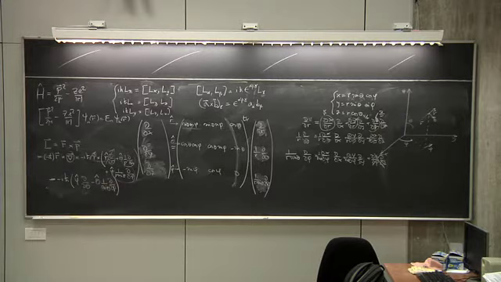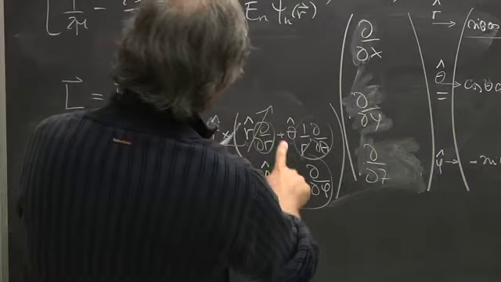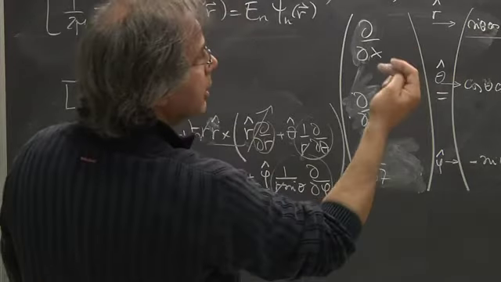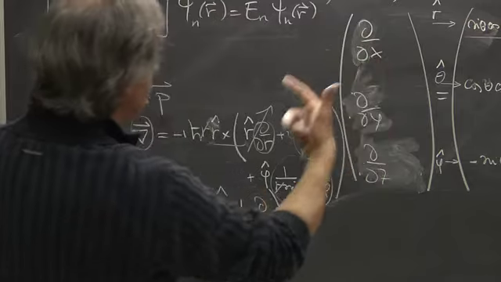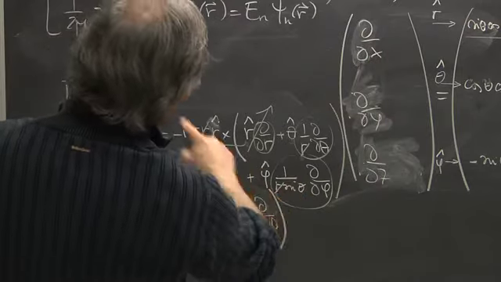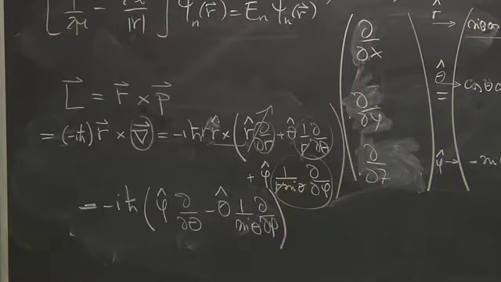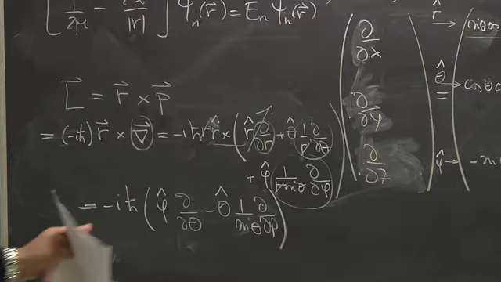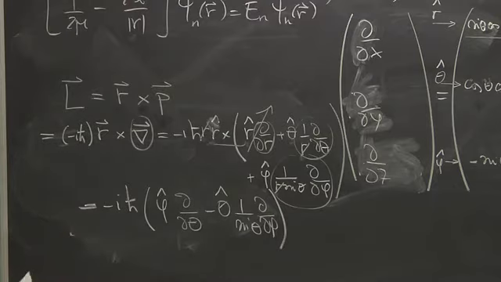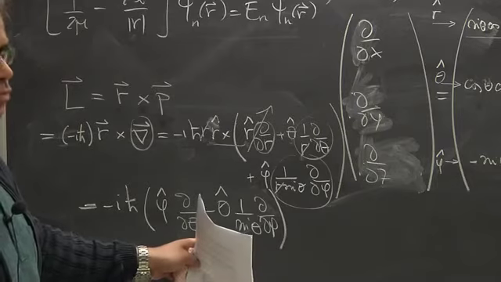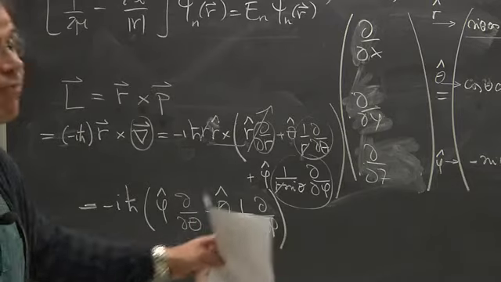Okay? So you can just calculate the vector products here in terms of the new 3 unit vectors, and the R has disappeared from anywhere. Okay? So this is the new expression for the angular momentum operator in coordinates theta and phi, in fact.